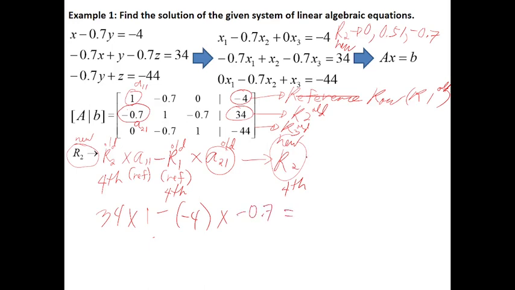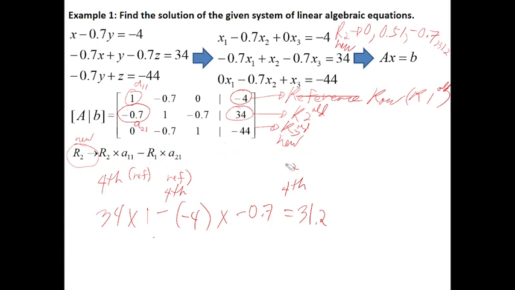So we'll get what? 31.2, sir. So, 31.2. So that is the process: R2 times A11 minus R1 times A21.